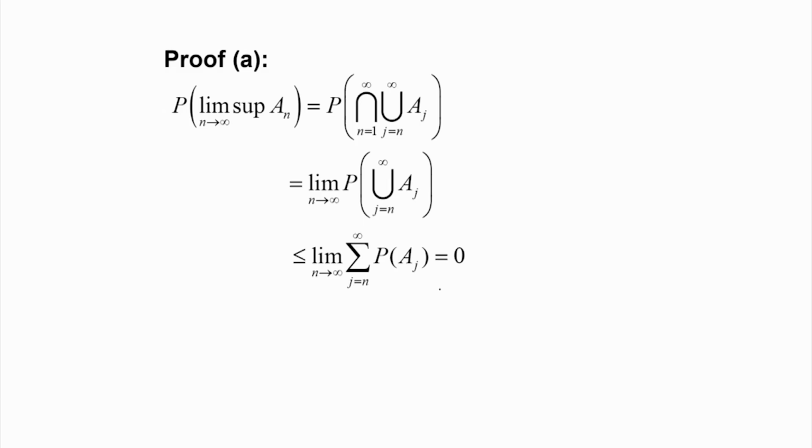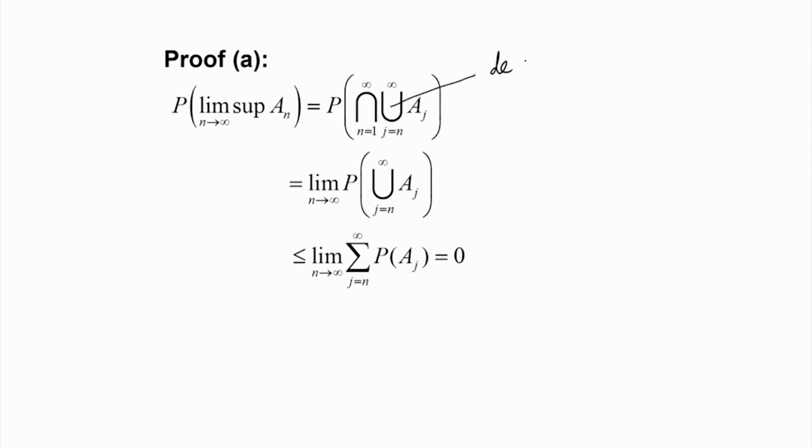We will first consider part A, the probability of lim sup of A_n as n tends to infinity. By definition, that is equal to the probability of the intersection, n going from 1 to infinity, of the union of events A_j, j starting with n to infinity. Now, I know that this sequence, the union of A_j going from n to infinity, is a decreasing sequence of events.